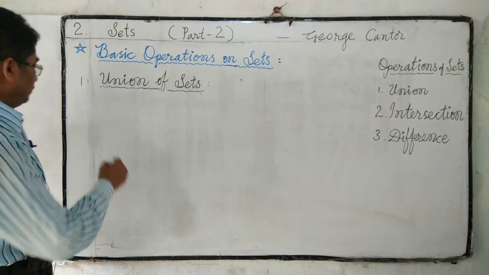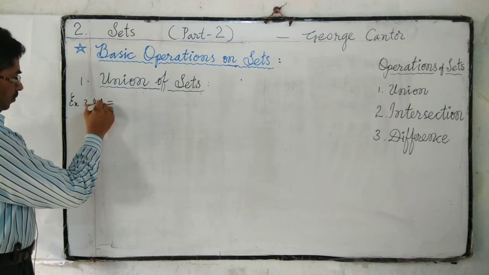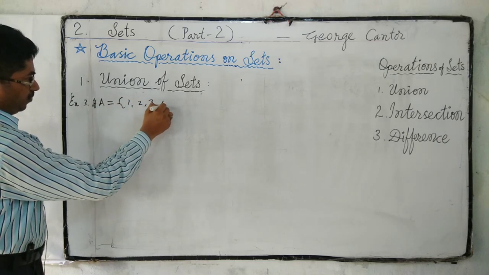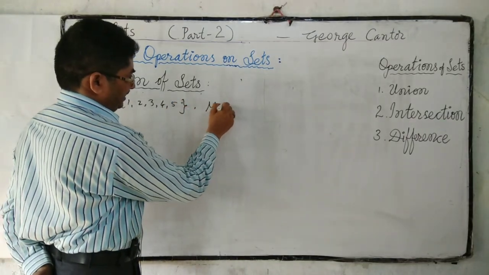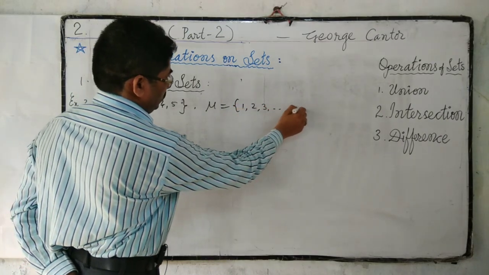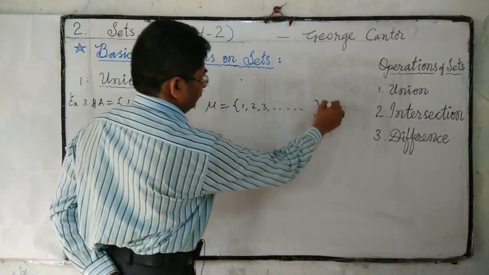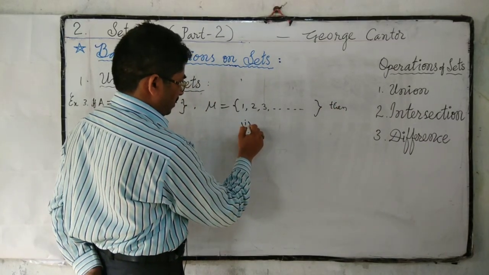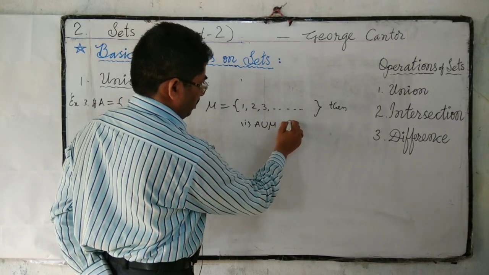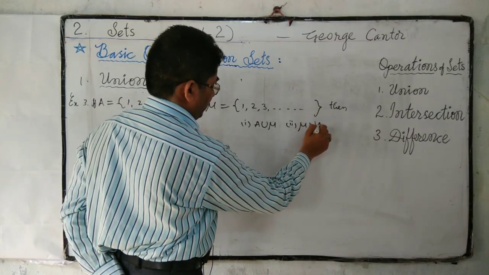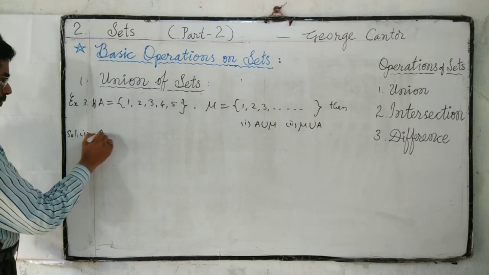Let us see one more example. If A is equal to the set {1, 2, 3, 4, 5} and mu is equal to the set {1, 2, 3, and so on}, then find A union mu and mu union A. First, A union mu.